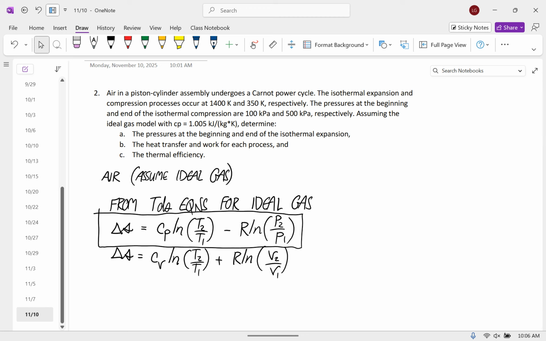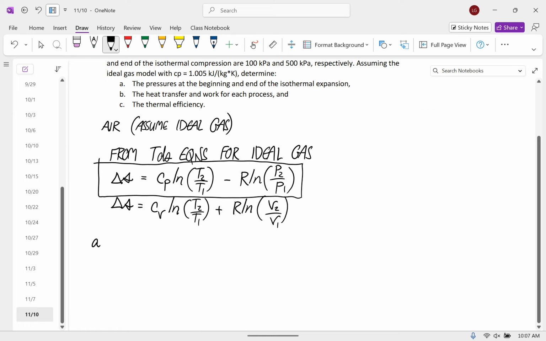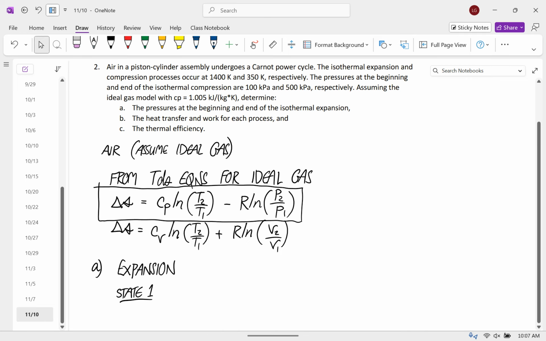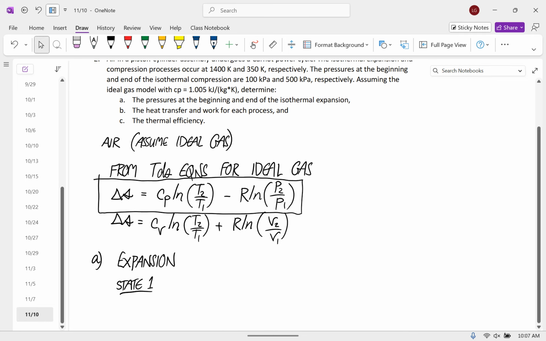Okay, so we want to know the pressures at the beginning and end of the expansion. So for part A, we're talking about this expansion.